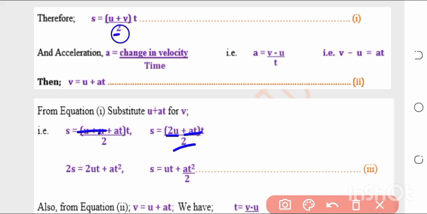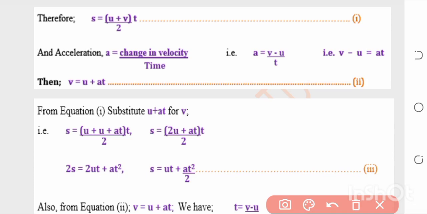Now opening the bracket with t, and we cross multiply, so these two will go and meet this, and opening these brackets with t, we have 2ut plus at squared. Now from this end we can divide both sides by 2.